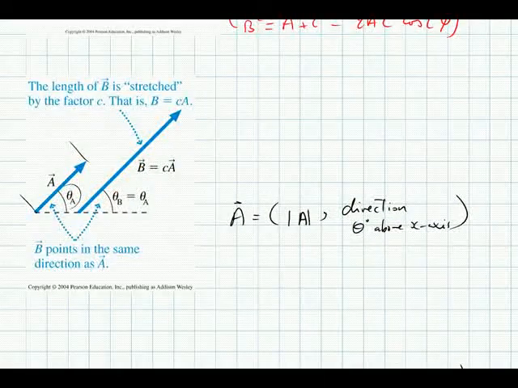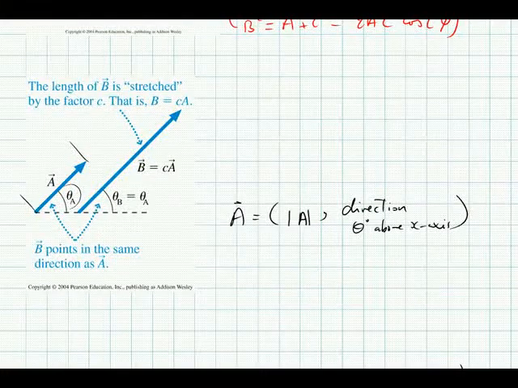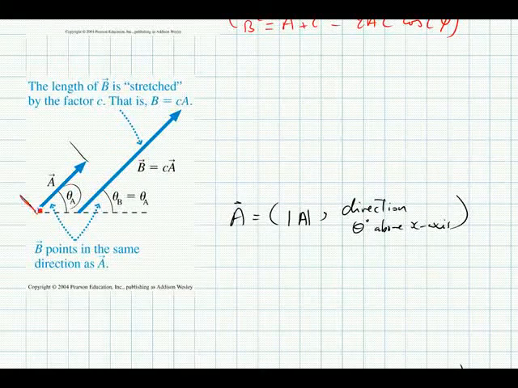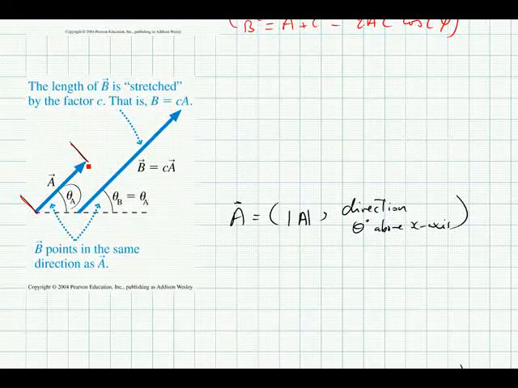Now, multiplying a vector by a scalar quantity, let's say here we have a vector A. It has some magnitude A units.